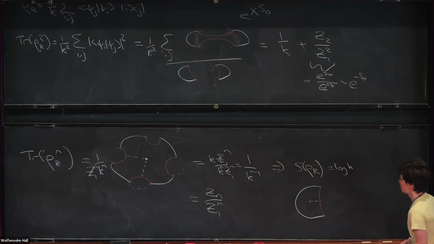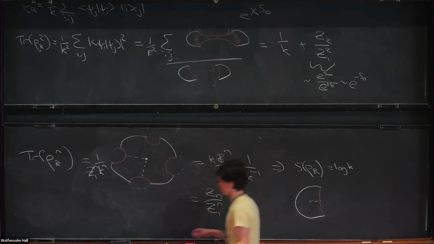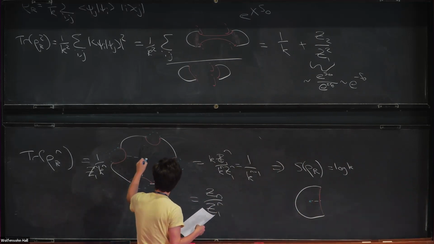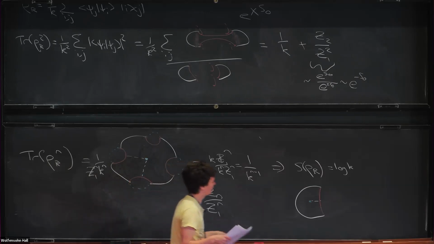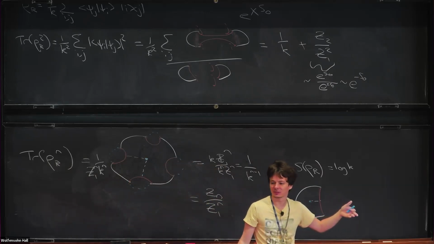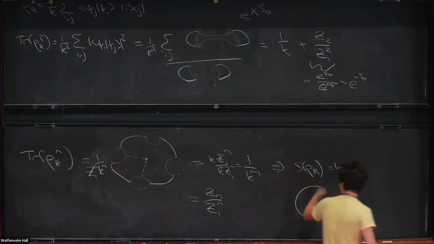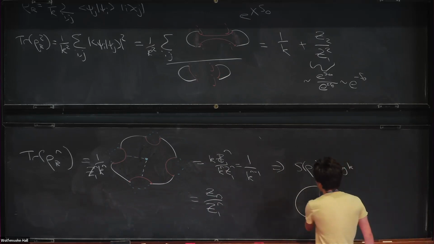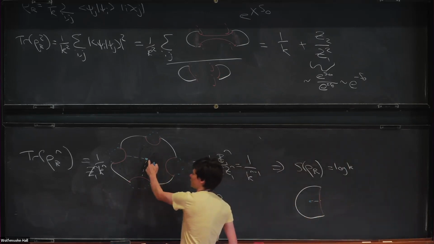Okay, so after doing that quotient, it looks pretty similar to Z1, right? It has one boundary, it has one end-of-the-world brane that just connects the two together. Looks almost the same. The difference is just that it comes from this point here in the middle.